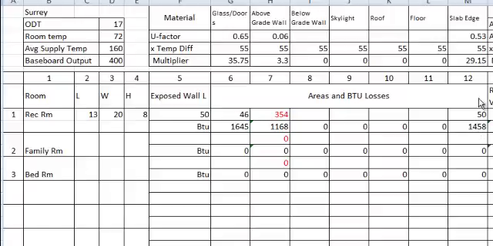And we have that calculated at 50, and we're going to multiply that by 29.15 because this number is based on per linear foot. So we multiply it by the linear length of the exterior wall, edge of slab I should say, and we end up with a total of 1,458 BTUs per hour.